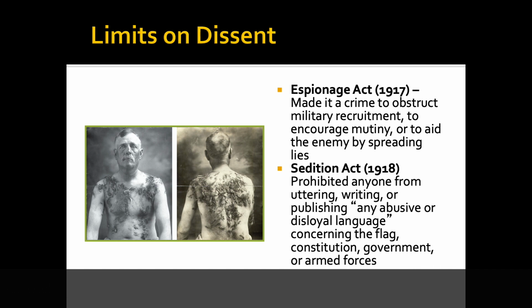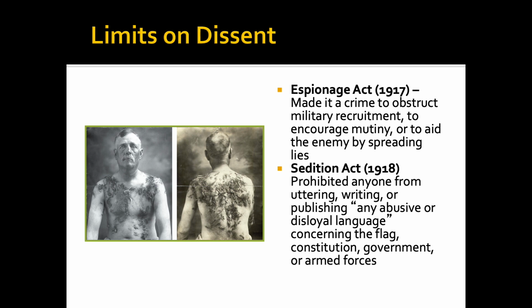And you see this very vague terminology, right? That anybody who was seen giving aid by spreading lies, anyone who was writing or publishing, quote unquote, any abusive or disloyal language about the government.